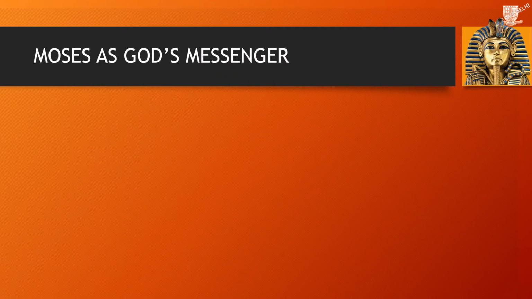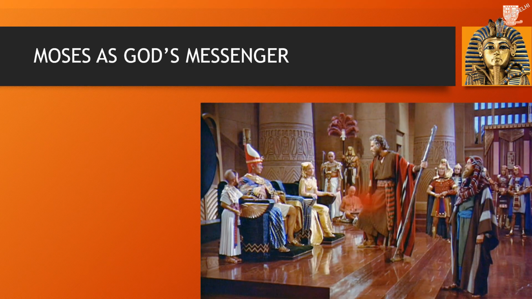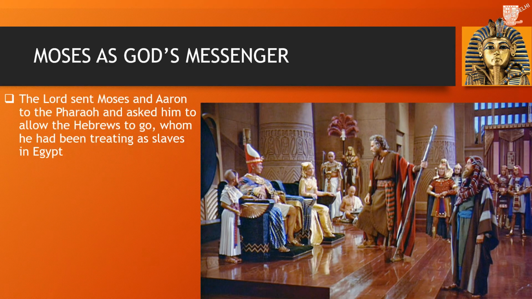Now, we know that God had sent Moses as His messenger to Pharaoh, so that he could go and request the Pharaoh to let go of the Israelites. The Lord sent Moses and Aaron to the Pharaoh and asked him to allow the Hebrews to go, whom he had been treating as slaves in Egypt.